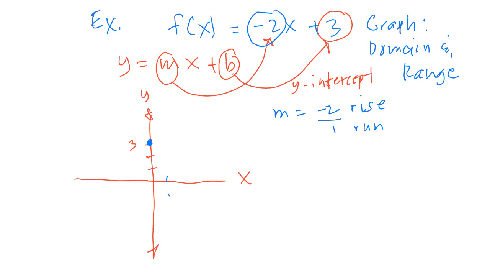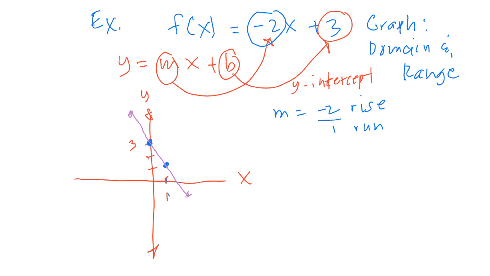So we will get this point here, so we'll mark that. Again, 2 units down and 1 unit run. Then you can connect the 2 points.